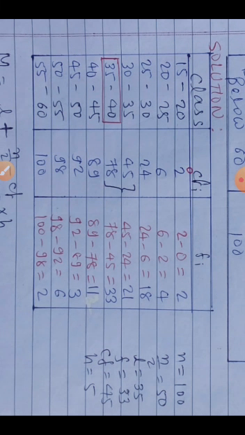So 2 minus 0 is 2, 6 minus 2 is 4, 24 minus 6 is 18, 45 minus 24 is 21, 78 minus 45 is 33, 81 minus 78 is 11, 92 minus 81 is 3, 98 minus 92 is 6, 100 minus 98 is 2. So you have to take the difference of two consecutive cumulative frequencies.